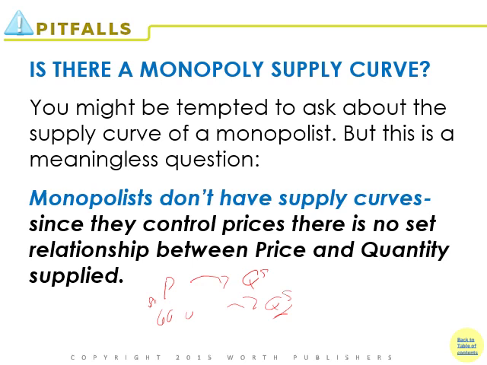So technically, there is no supply curve for monopolists because the monopolist may choose to supply different quantities based on different demand characteristics. So there is no price output combination that could be viewed as a supply curve.